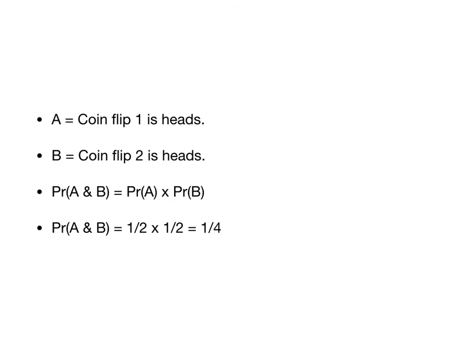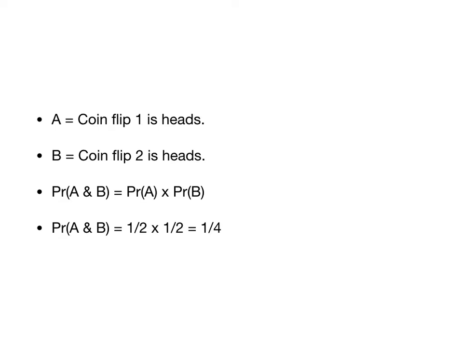Let me give you an example where this works and an example where it doesn't work because the statements aren't independent. Let's say we're flipping a coin. A equals flip 1 is heads. B equals flip 2 is heads. What's the probability that both flips come up heads?